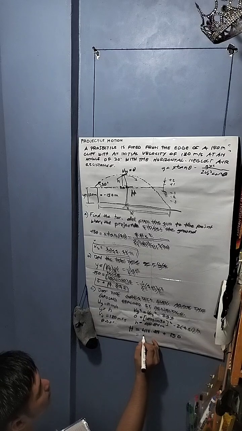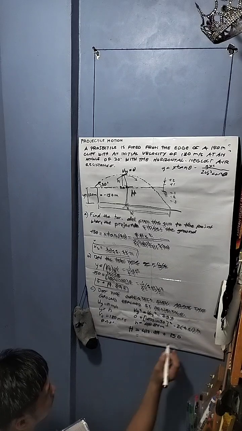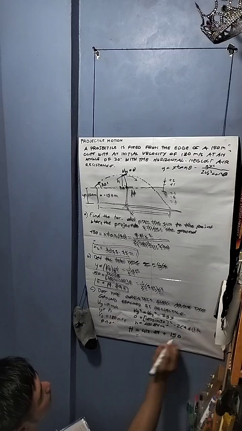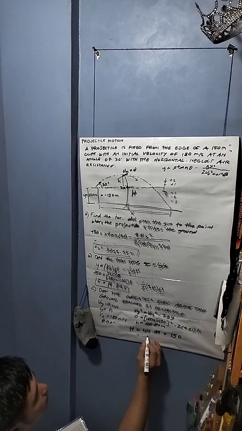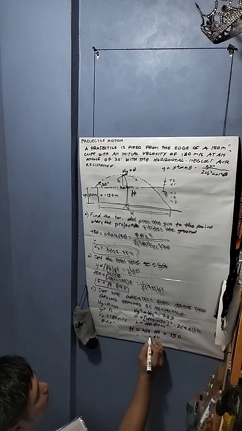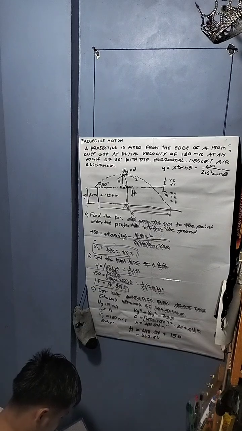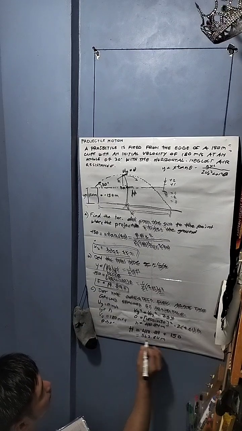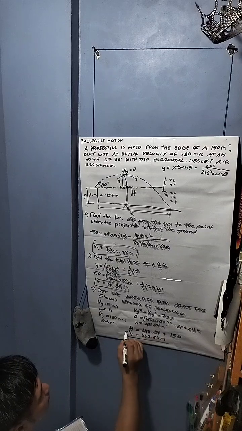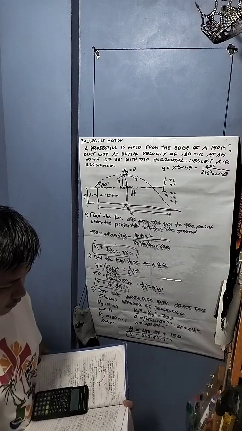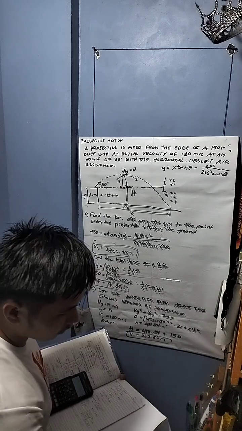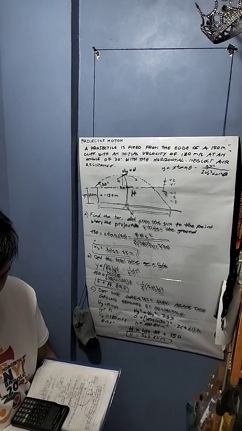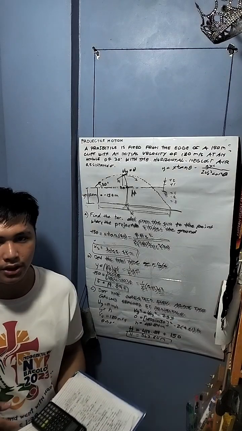So it is 562.84 meters. So that will be our example for this projectile motion.